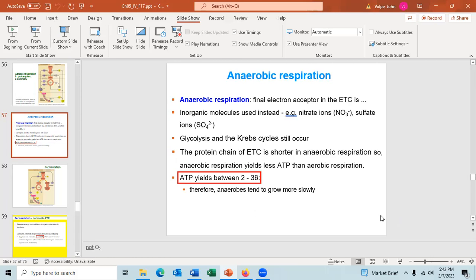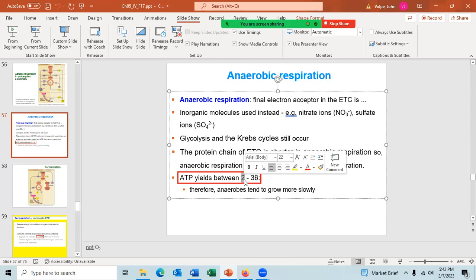So the very best, the 36, is very close to the prokaryote, which can generate 38. And then the worst is very close to the ATP production in fermentation, meaning the very worst is close to 2. Any question about that?